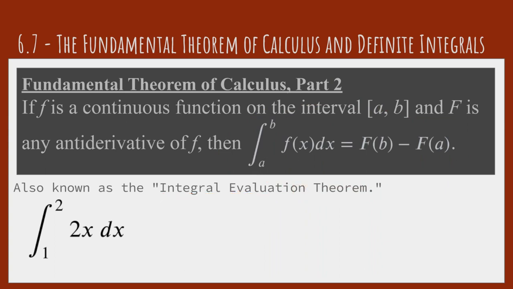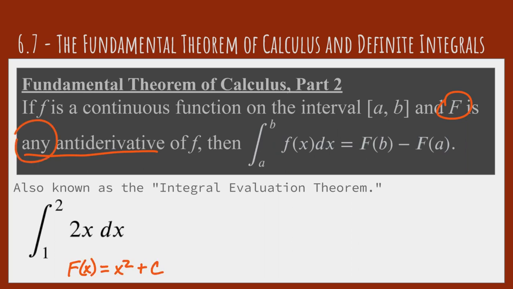So I'm going to go through this example right here at the bottom and show you how this can be applied. To start with, remember, big F is going to be an antiderivative. It's any antiderivative, so I'm going to call big F of x x squared. Remember, an antiderivative is x squared plus a constant of integration.